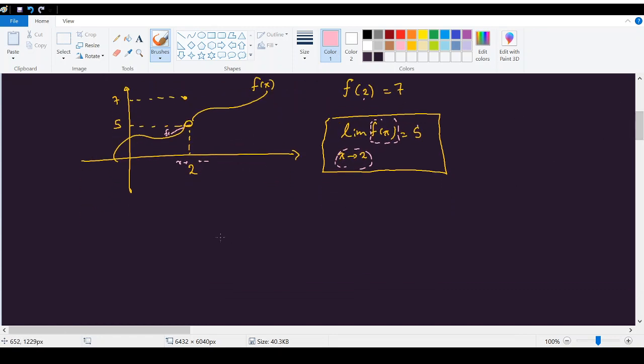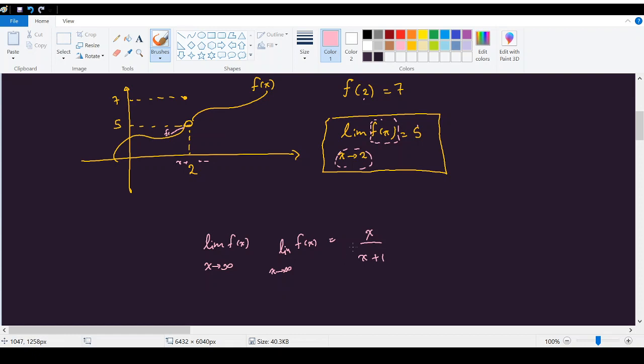And how about this one? The limit of the function when x goes to infinity. Say for example, if we have a function defined as, let's take this one. So what do we mean by the limit of f(x) when x goes to infinity? How do we calculate the limit?